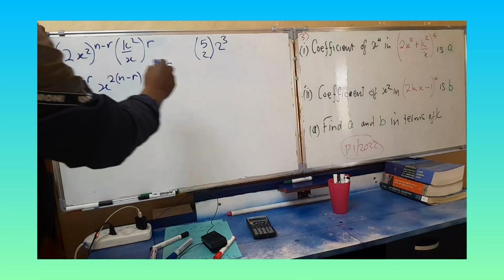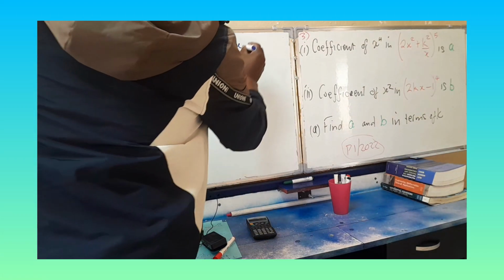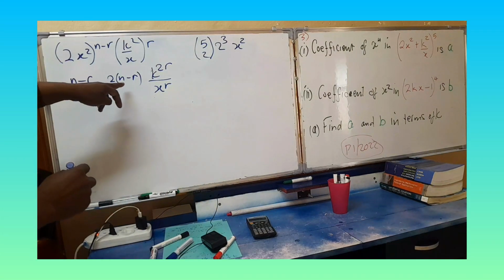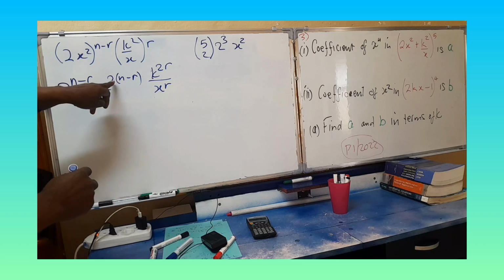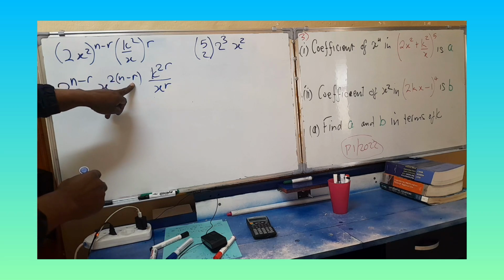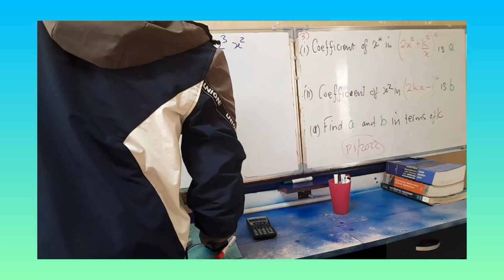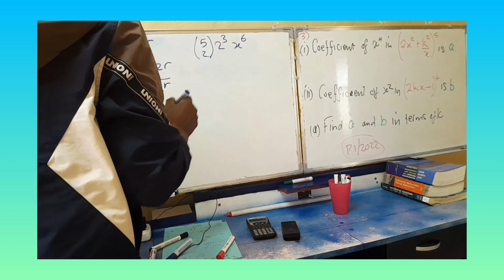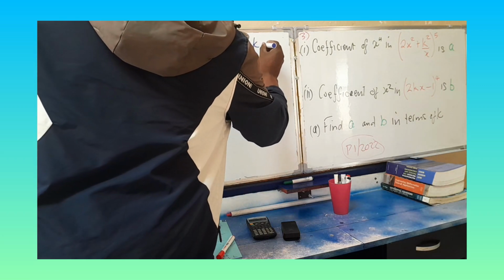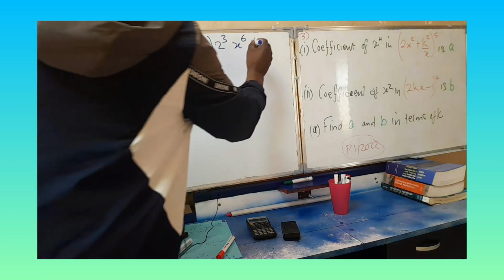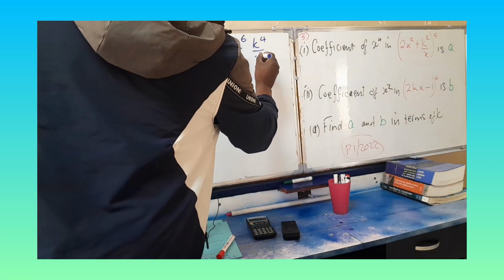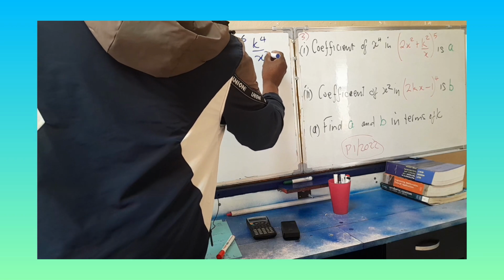And x raised to the power 2 times 5 minus 3, minus 2, sorry, which is 3 times 2, which is 6. Okay? 2 to the 3, x to the power 6, multiplied by k to the power 2 times that is 4, divided, of course, by x to the power 2.